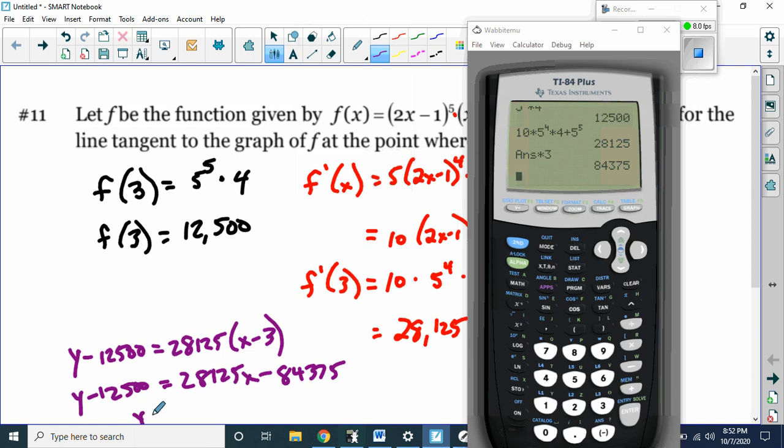And add that over. And there's the equation of our line.